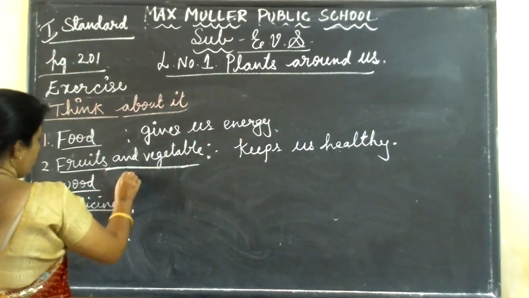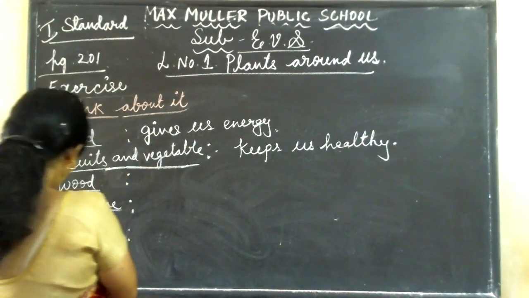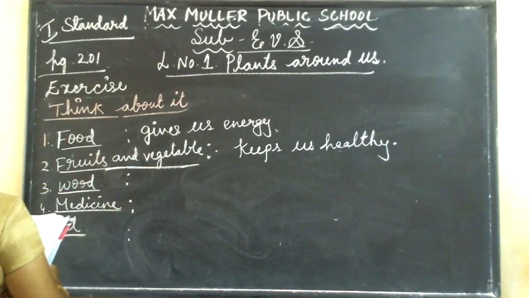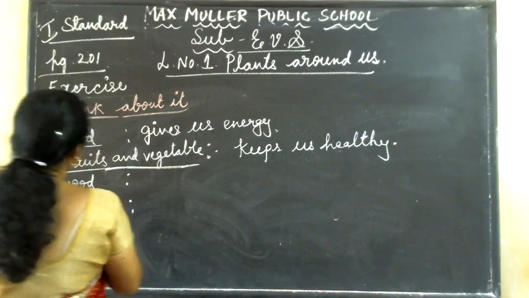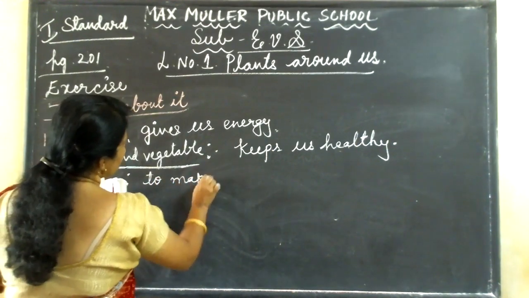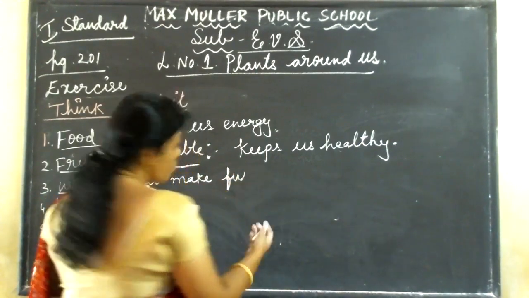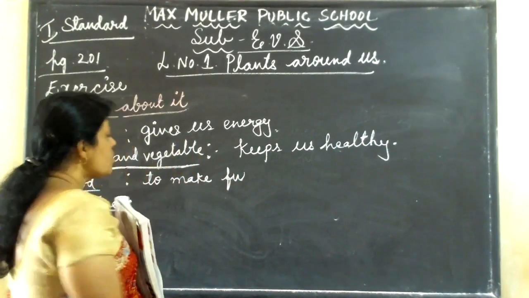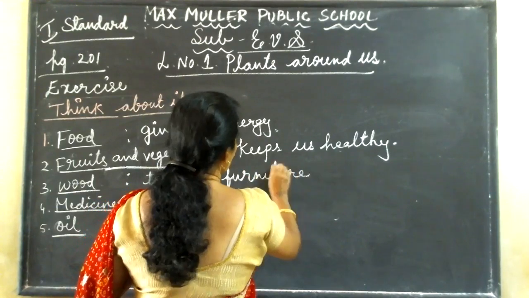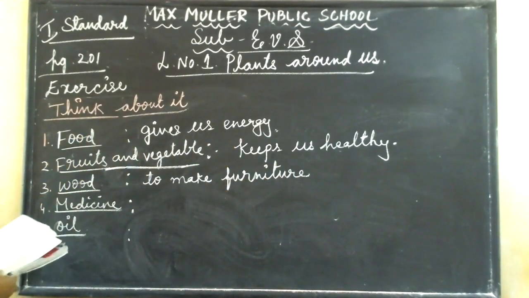Wood: we use wood to make houses and furniture, tables, doors and windows. To make furniture, we are using the wood, okay.